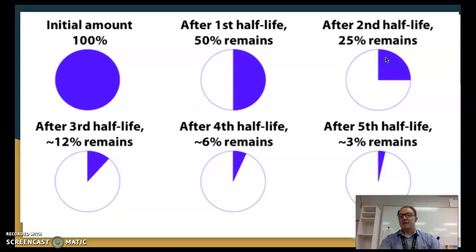After a third half-life, you cut this in half again. See why we call it a half-life? And approximately 12% is unstable, and approximately 12% became stable, right? After a fourth half-life, it cuts in half. Are you seeing the pattern? So a half-life is the amount of time it takes for a group of atoms: half of them decay and half of them do not.